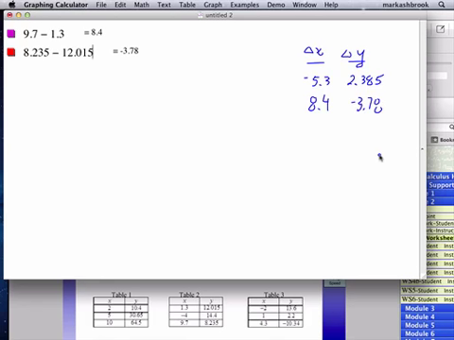Or what's another way? Scaling factor could work, but we want to do it a different way. Yeah, constant multiple, which would have to be a number that we'd multiply this one by to get this one. So is there this constant multiple? We'll call it k. And how would you find it? That's right.